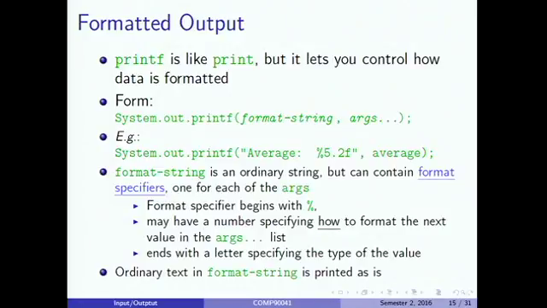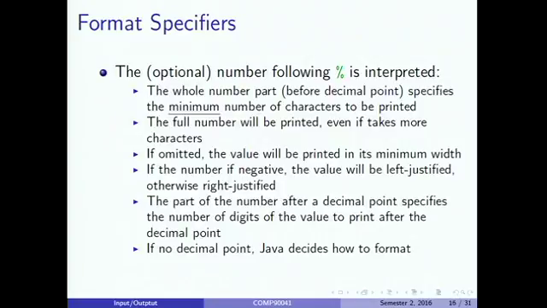And then, as I suggested, the bits in the format string that are just regular text, that aren't percent sign something, it just prints them out as they are. Okay, so now how do you interpret the number?